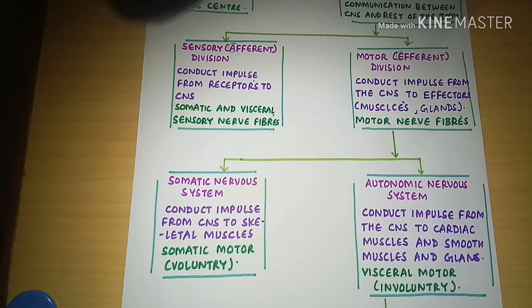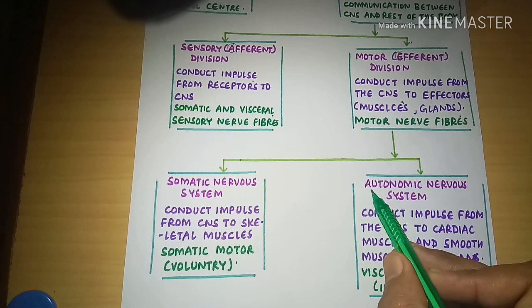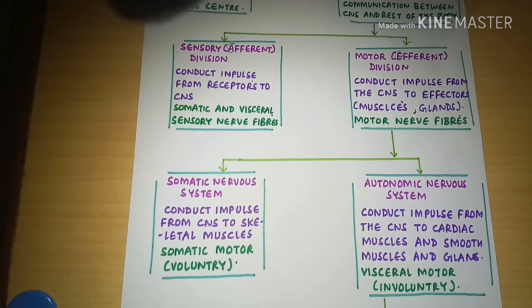Or if the impulse is conducted from the CNS to the cardiac muscles, smooth muscles and glands, then it is the autonomic nervous system. It is autonomic, or it is working automatically. That's why it is called the autonomic nervous system. We do not have any control over it. That's why it is the autonomic nervous system.